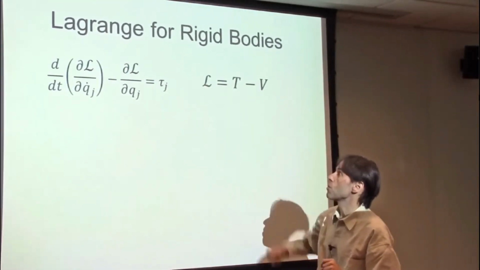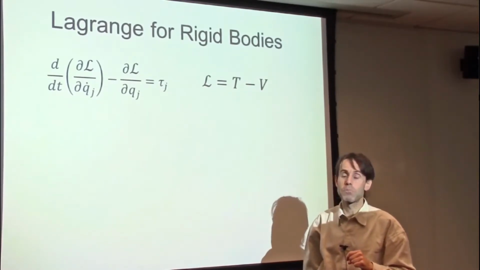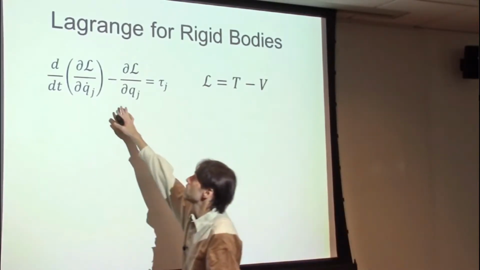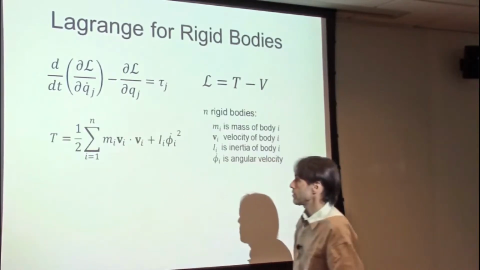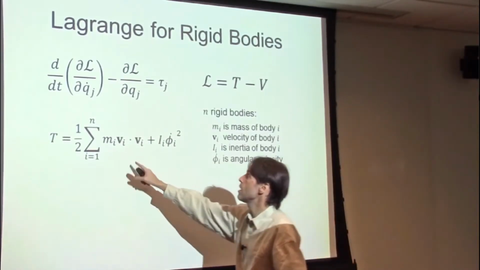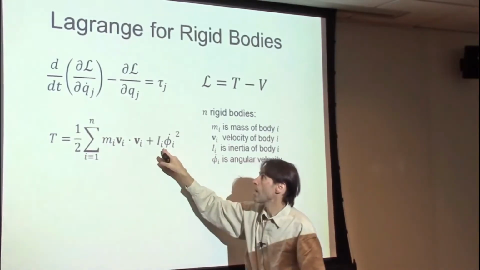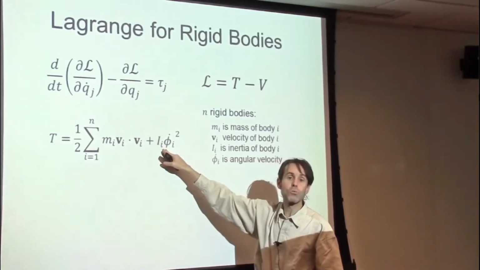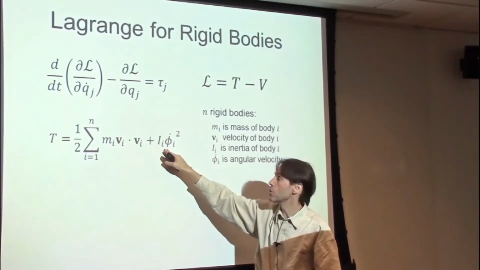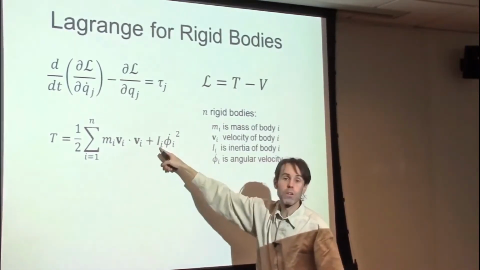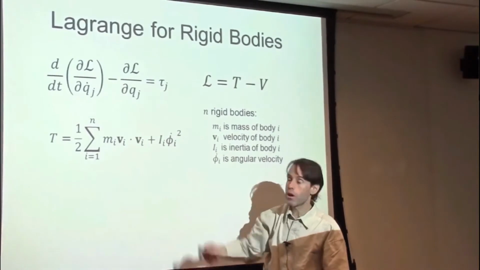So now let's go to the Lagrangian for the system that has rigid bodies. Lagrange's equations have the same form, except your kinetic energy is not only 1/2 mv squared, but you're also going to have a contribution due to the rotational kinetic energy. It'll be 1/2 moment of inertia times angular velocity squared.